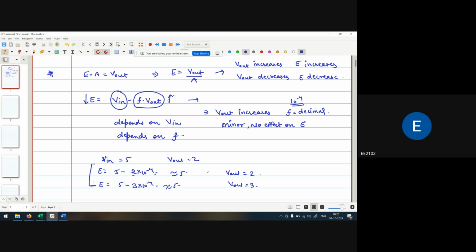Okay, so we increase the V out, but E either decreases or E is constant, and these two will be decided on the value of the feedback factor.